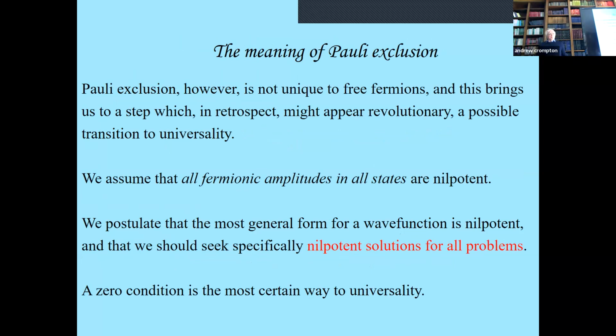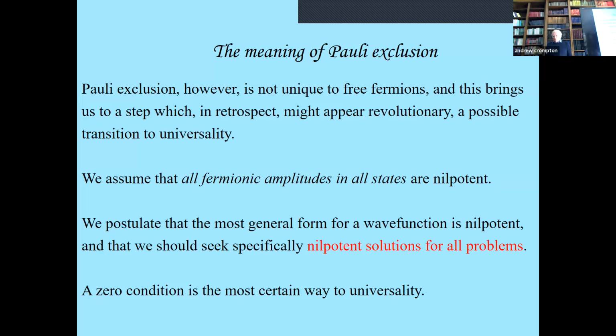Now, this is an important point. We've been fiddling with the free particle, but Pauli exclusion is not unique to free fermions. It's true for any fermion in any state at any time. And now we're going to make a big change. We're going to say all fermionic amplitudes in all states are nilpotent. And if it works, then it works. And if it doesn't, we throw it out.